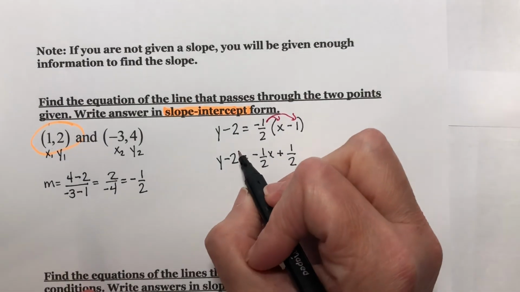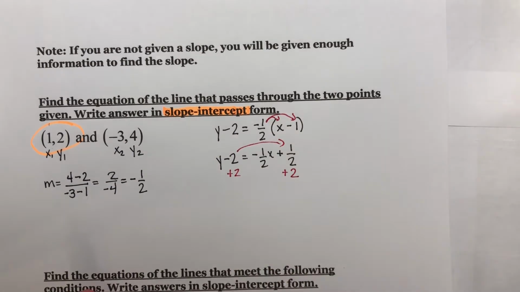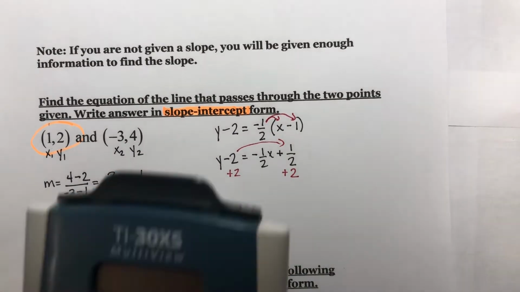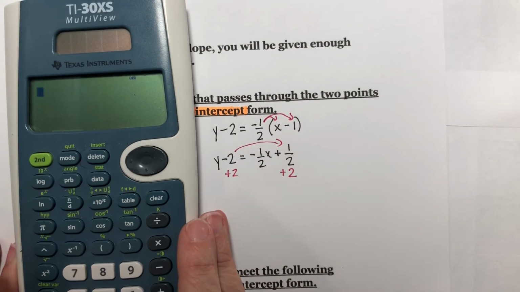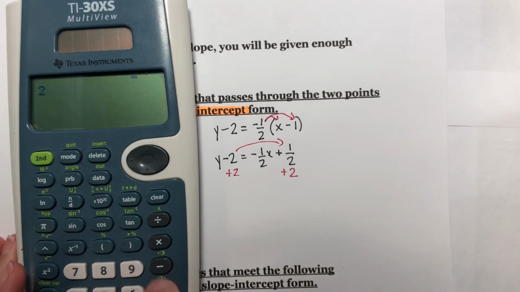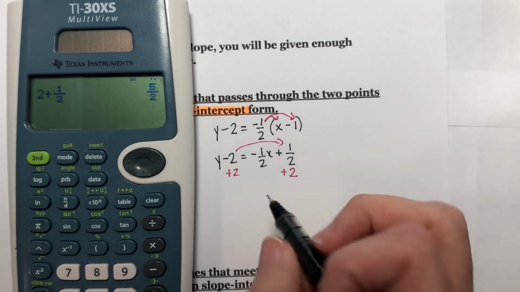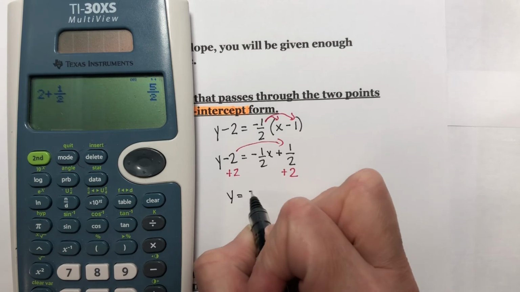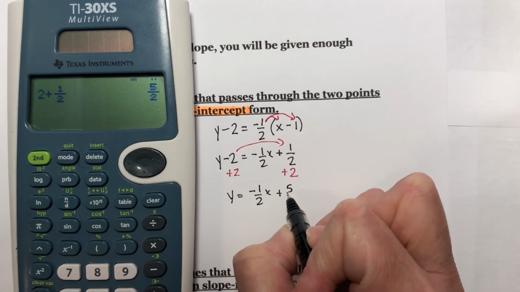If I'm just going to add 2 to both sides, on my calculator, and most scientific calculators will do fractions. You might need to look in your instructions. If I add 2 plus 1/2, it gives me my answer as an improper fraction. I get y equals negative 1/2 x plus 5/2.